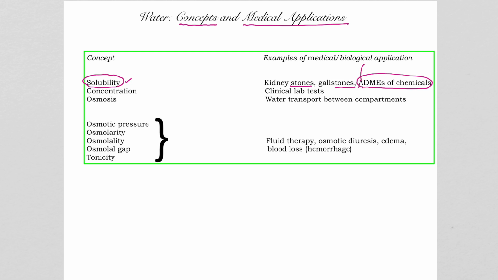A, how is the chemical transported throughout your body? D, which is distribution. How is the chemical metabolized in the body? Depends on the solubility of the chemical in water. Eventually, how is the chemical excreted out of the body? Depends on the solubility of the chemical in the water. Okay, so very important chemistry concept.